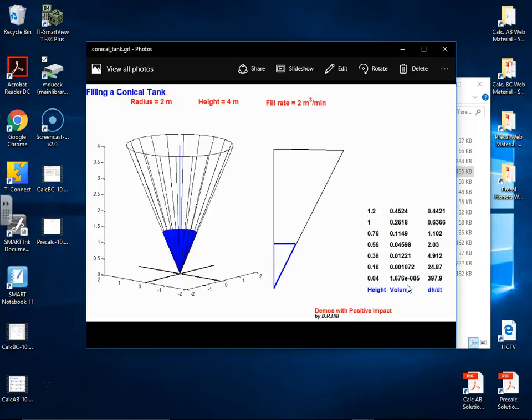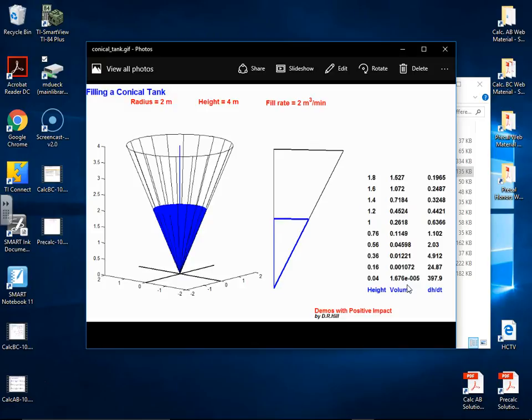Now look, volume is changing by like 0.3, it's actually changing at different rates because there are different increments. If this one's going from 0.001 to 0.01, is that the same as this one going from 0.04 to 0.16? So the height is increasing in different increments than the volume is increasing.